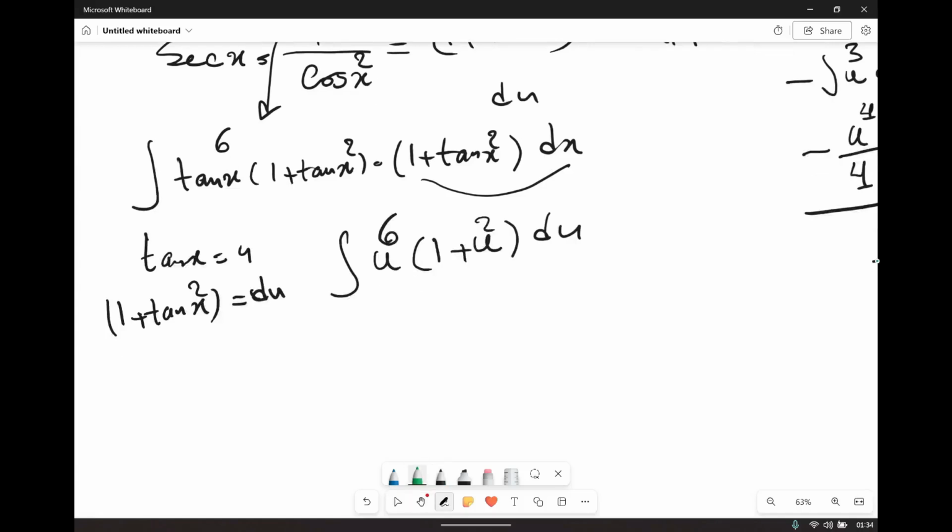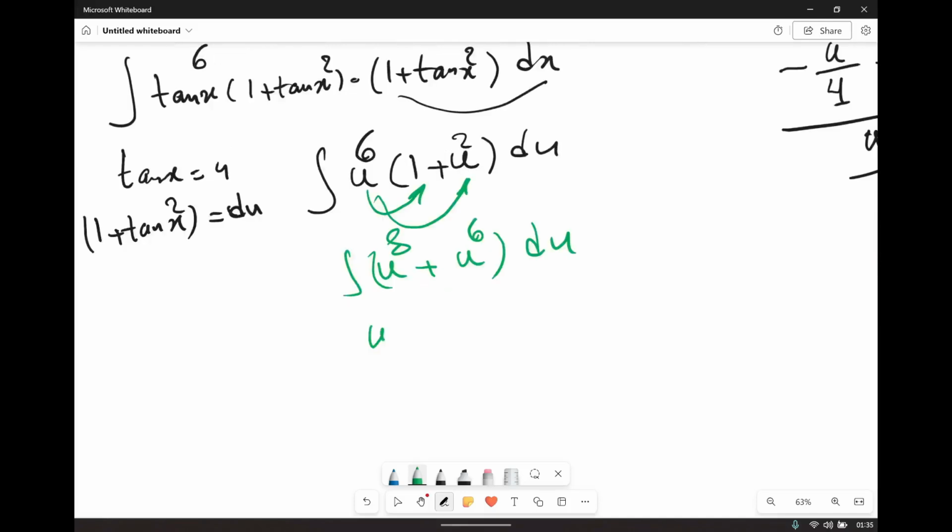If I multiply this out, it is the integral of u power 8 plus u power 6 du. It's so simple: u power 9 over 9 plus u power 7 over 7 plus c, and at the end you just substitute u by tangent.